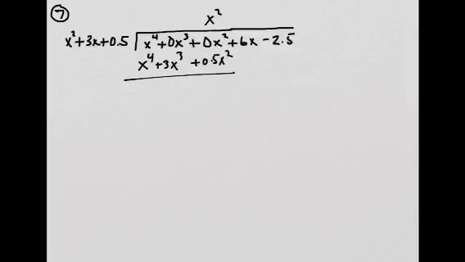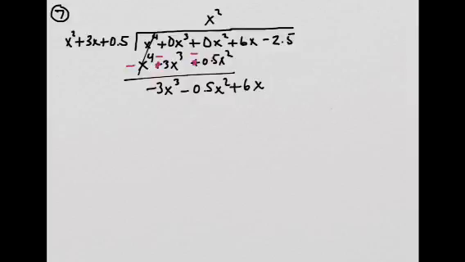So now we're going to add the opposite, or subtract, right? So this becomes a minus, this is a minus, this is a minus. And so now we combine, this is 0, negative 3x cubed, and then negative 0.5x squared, and you bring down the 6x. And so now, what do you have to multiply x squared by in order to get negative 3x cubed?